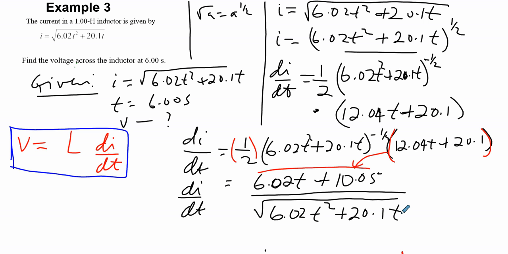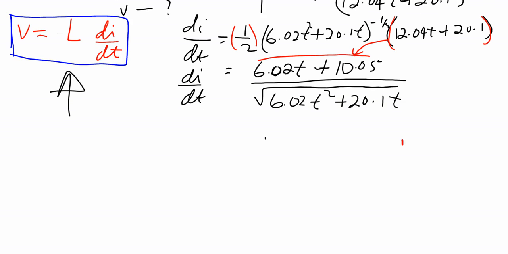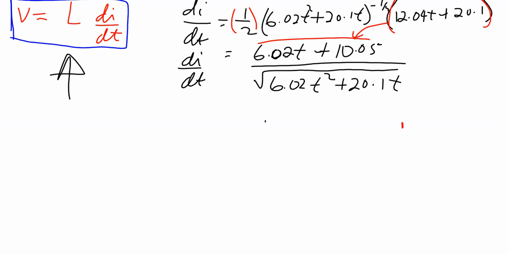So now we are almost at the final. What we need is to substitute t equals 6 seconds so that we can find the voltage by using that formula over there.